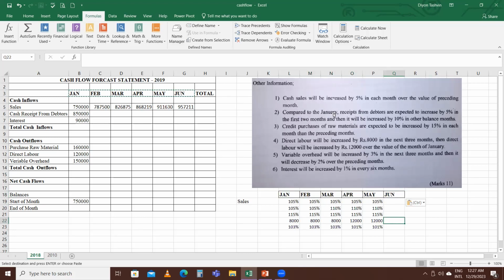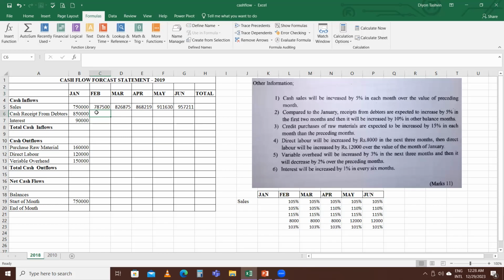Right? So the next one. Compared to January, receipts from debtors are expected to increase by 5% in the first 2 months. So this figure should be multiplied by 105 in the first 2 months. Right?